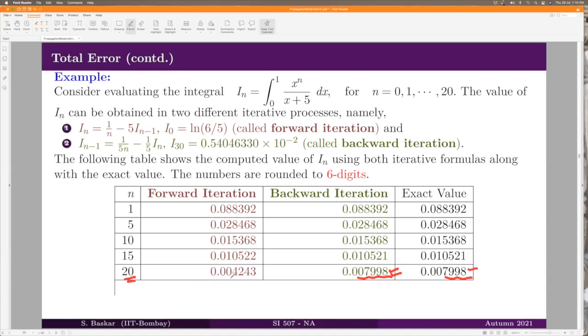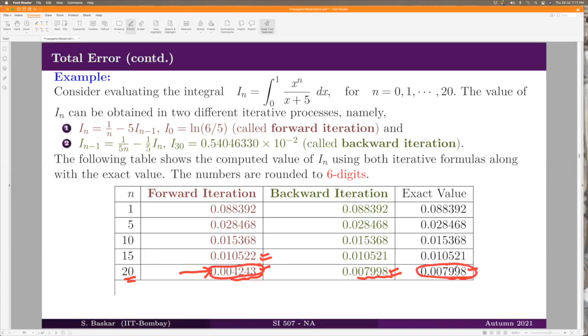But you see, there is a drastic difference between the exact value and the forward iteration. It means something is going wrong with the forward iteration. When it reached 15 itself, it started giving a little bit of error, and that quickly amplified, and you see that there is a drastic error in this when compared to this value.